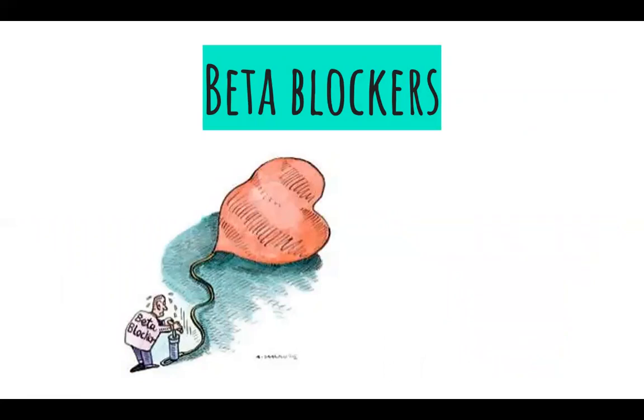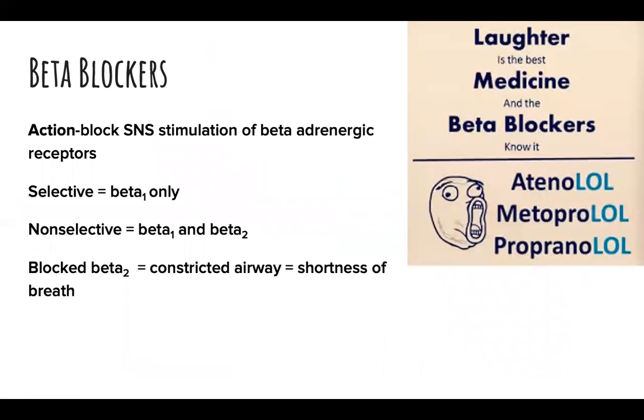So if you remember, a beta-1 agonist had a positive inotropic effect, positive chronotropic effect, and positive dromotropic effect. So inotropic was increasing contraction, chronotropic was increasing heart rate, and dromotropic was increasing the electrical activity through the heart.